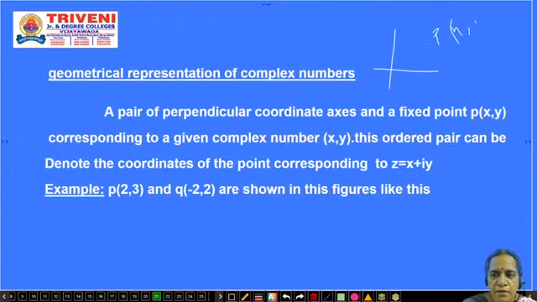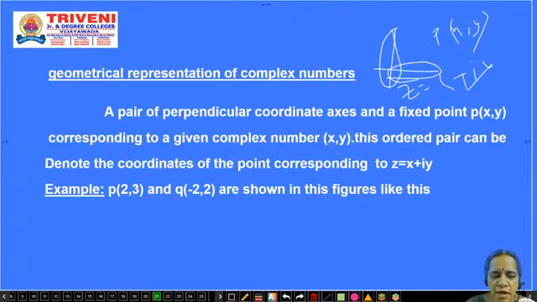Then the ordered pair can be denoted by the coordinates corresponding to the value of z equal to x plus iy. Here x is the real part and y is the imaginary part.